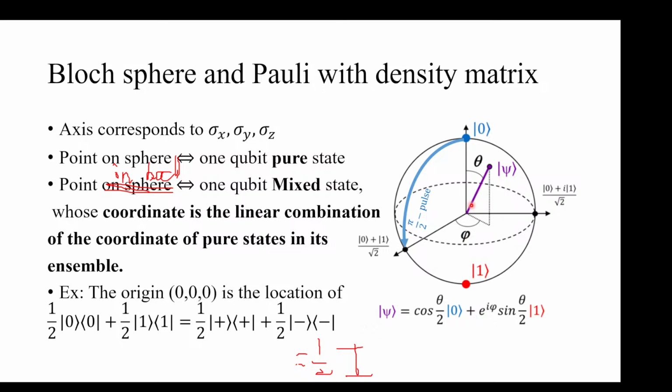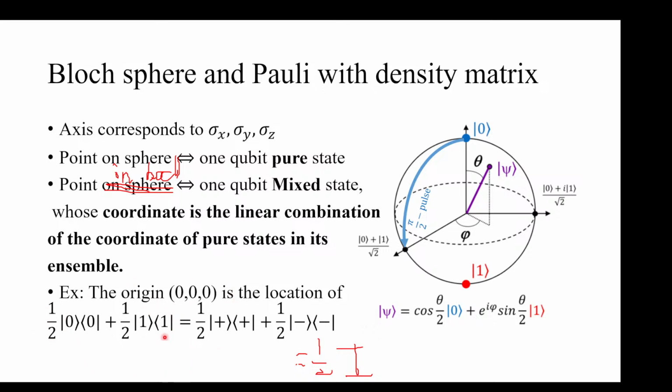You choose any orthonormal basis inside this two-dimensional space, and you average the two basis elements, it becomes a completely mixed state. That corresponds to the origin of this ball, the average of all the possible opposing points.